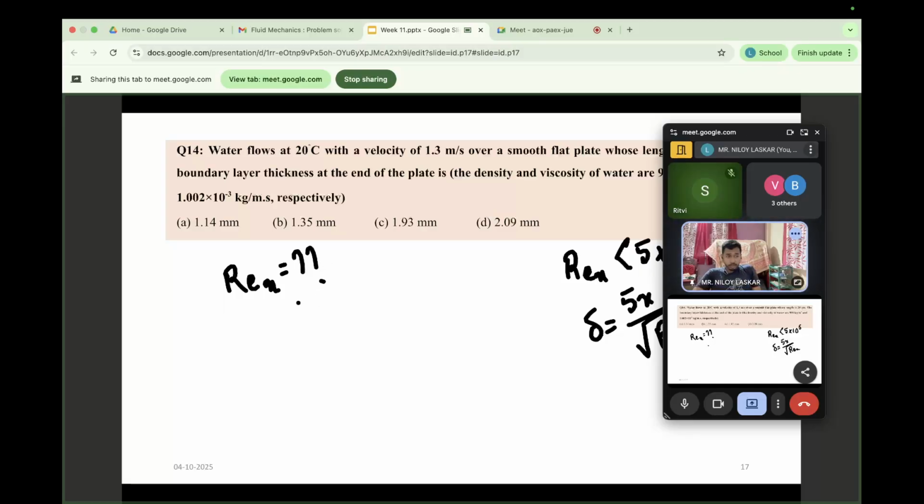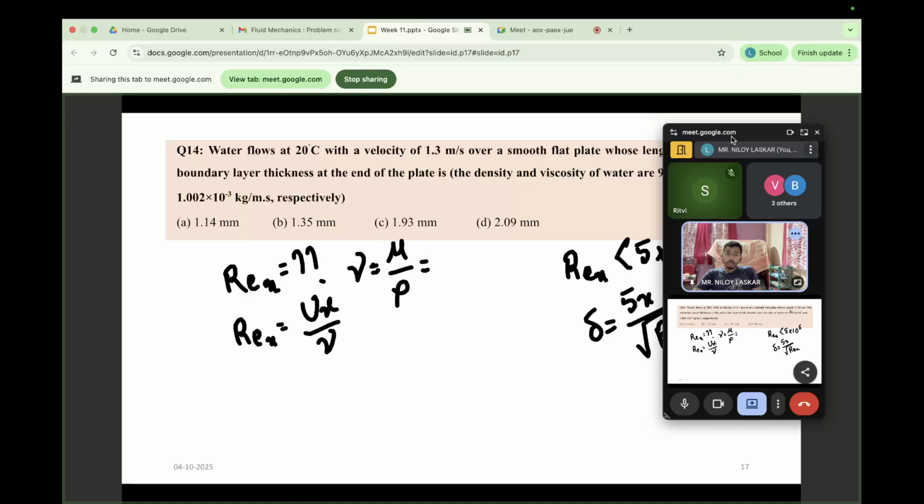Any answer? So I'm just calculating this Reynolds number for you, which is u x by nu. So first I calculate nu. Nu is mu by rho.